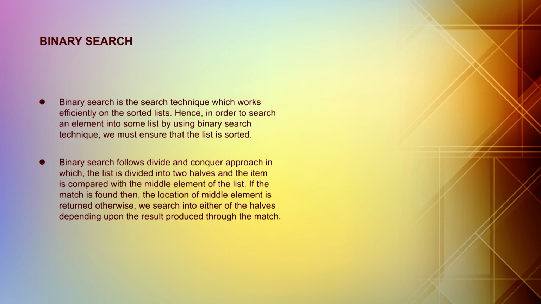Binary search follows the divide and conquer approach, in which the list is divided into two halves and the item is compared with the middle element of the list. If a match is found, then the location of the middle element is returned. Otherwise, we search in either half depending upon the result of the comparison. So you search your item either in the bottom half or in the upper half.